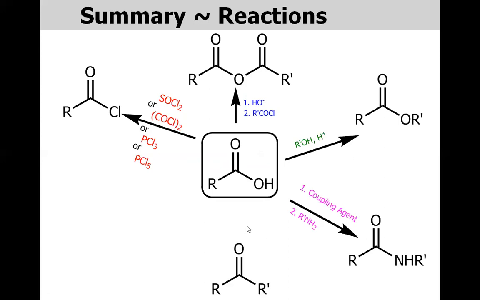We may use a Grignard reagent or organolithium compound followed by workup to obtain the ketone from the carboxylic acid, and the carboxylic acid may also be converted into the primary alcohol upon reduction with lithium aluminum hydride.